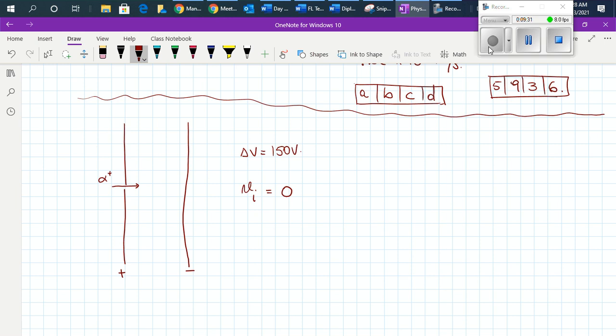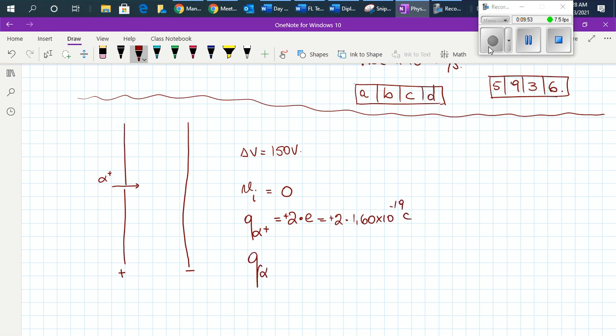And then what do we have in terms of the charges? The charge of the alpha particle is 2 elementary charge, and it is positive. Then we will have positive 2 times 1.60 times 10 to the power of negative 19 coulombs.